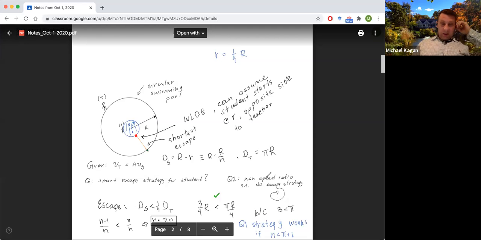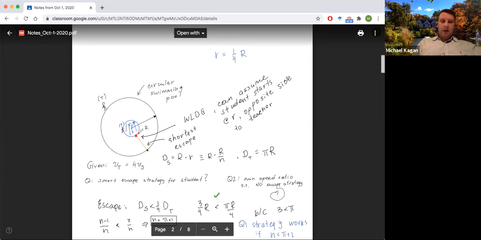Okay. I encourage you to write that functional down. Right, so that you can compare the times. So assume that student, just to be clear, fixed teacher speed, you can set it to 1 or whatever for simplicity. Then student speed would be 1 over n.